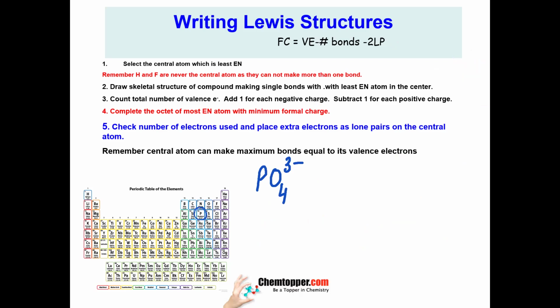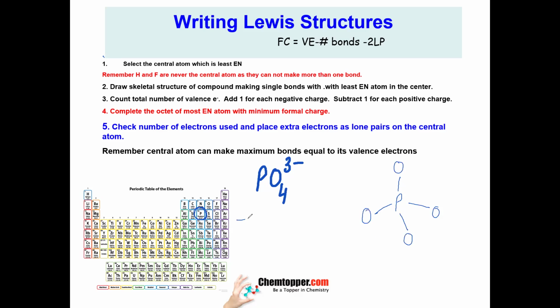Maximum how many bonds P can make? No, Gautam. How many valence electron P has? 5. So 5 bonds. So follow the first rule. Central element. Skeleton means make 4 single bonds with 4 oxygen. I'm following the rules.